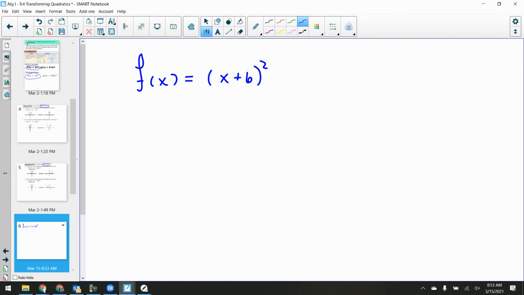Left how many? Left 6. Good. All right, so if f of x is equal to x minus 8 squared, what would that do? Right 8.